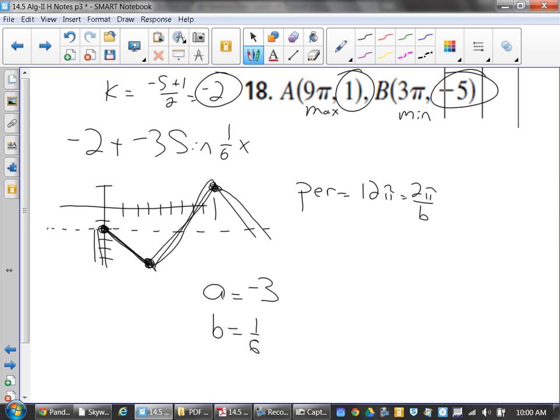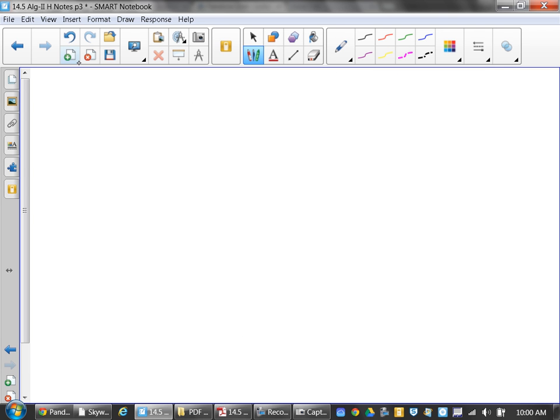Now, real fast, things to look at of what we've done. In 2.5, it was scatter plots. I hope you know what a scatter plot looks like. After that, it was 3.4, which was your linear programming.